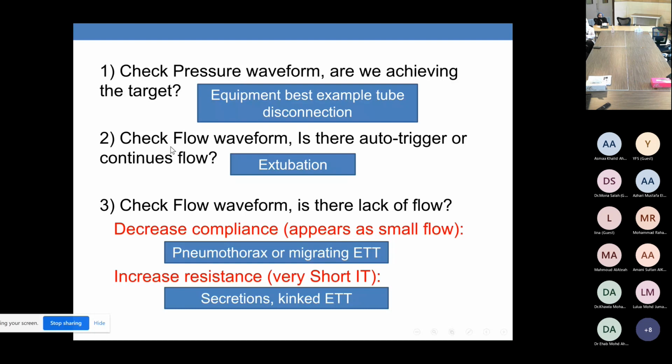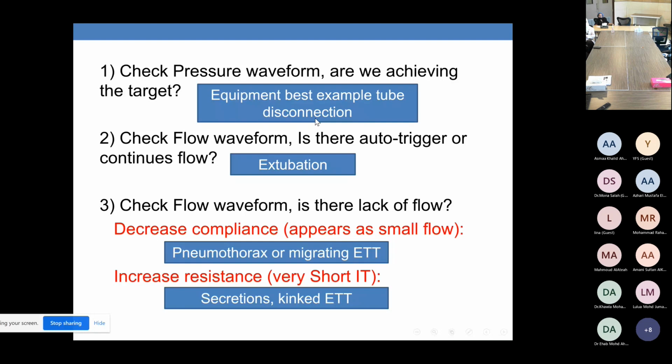Then, if the pressure is okay, you come to the flow. If there is auto-triggering, this means that the tube is not in place. Again, it is displacement.